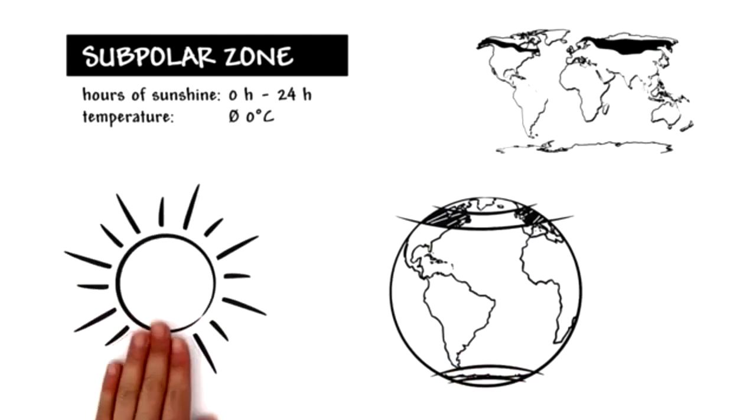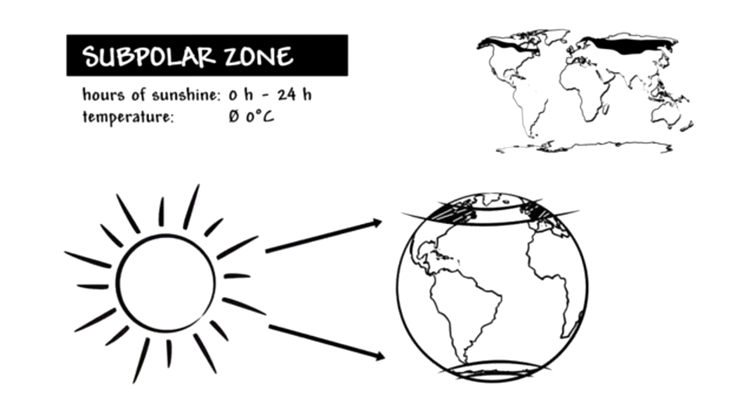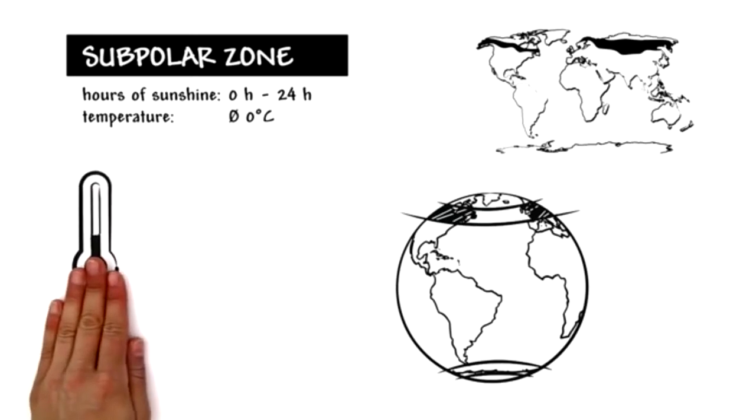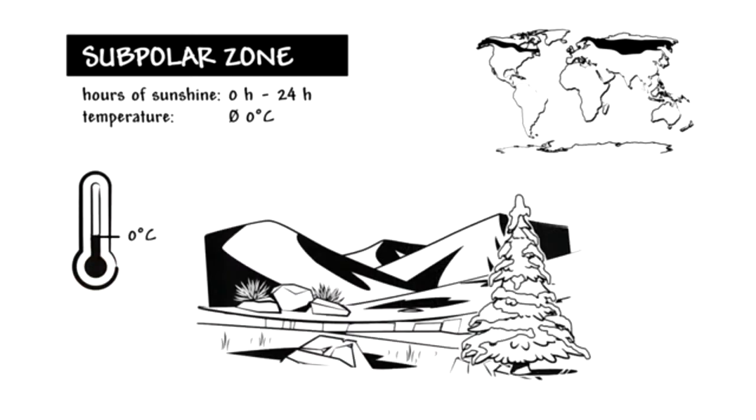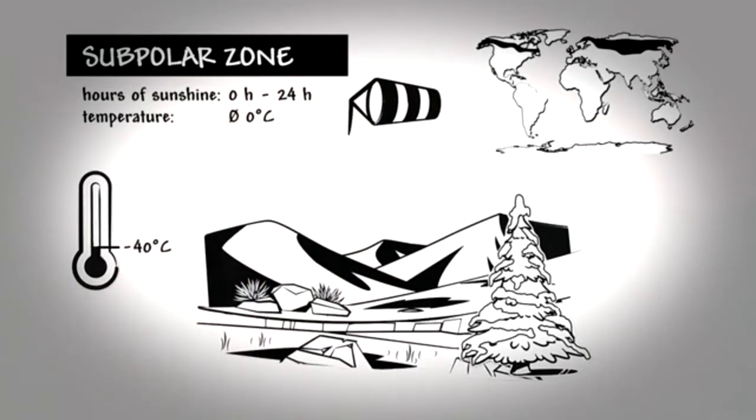Sunlight hits the Earth at a very shallow angle here, which is why the days in summer can be extremely long. Temperatures are typically just above freezing, and there is lots of precipitation. By contrast, winter days are very short, and due to the polar easterly winds, really cold with low precipitation. In the subpolar regions, coniferous forests can still be found in some areas.